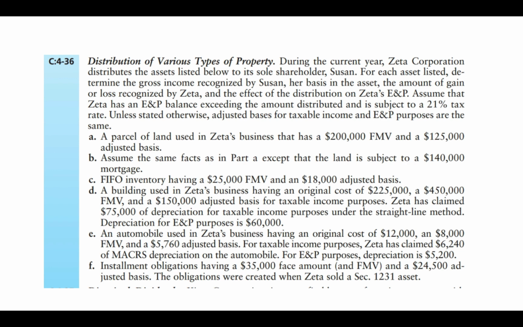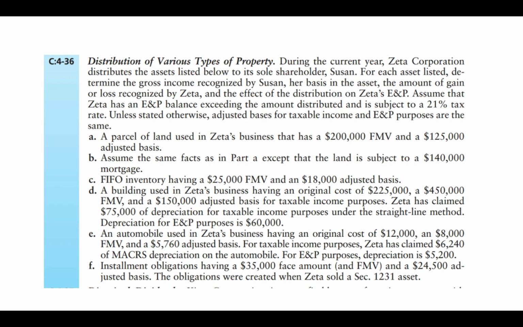All right, Part E. An automobile used in Zeta's business having an original cost of $12,000, an $8,000 fair market value, and a $5,760 adjusted basis. For taxable income purposes, Zeta claims $6,240 of MACRS depreciation on the automobile. For E&P purposes, depreciation is $5,200.